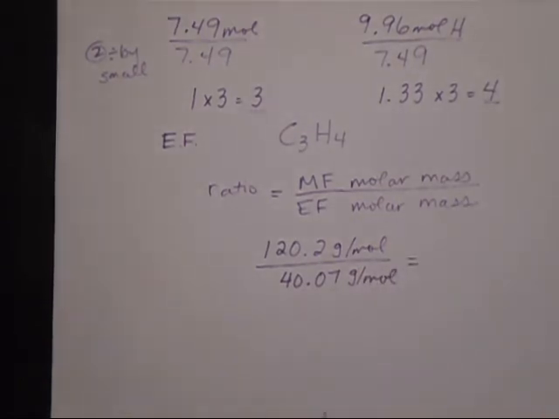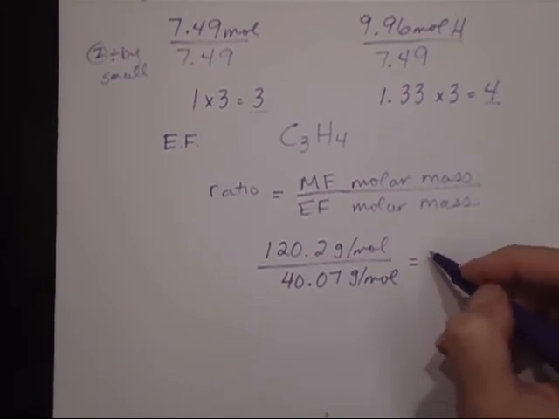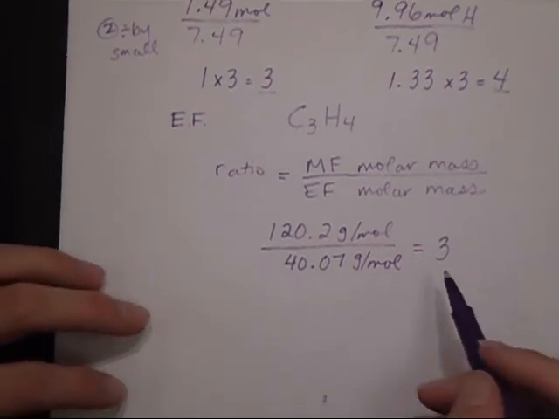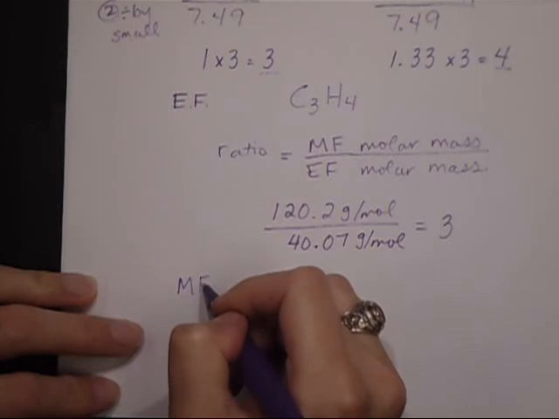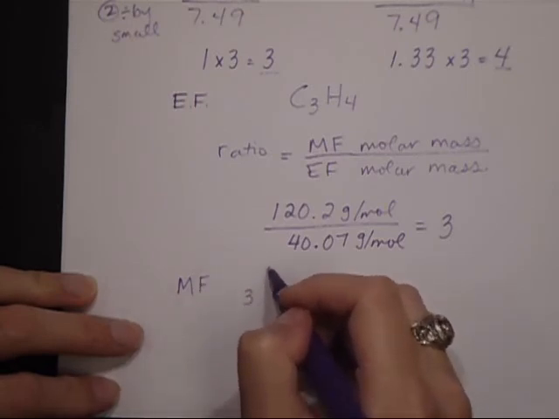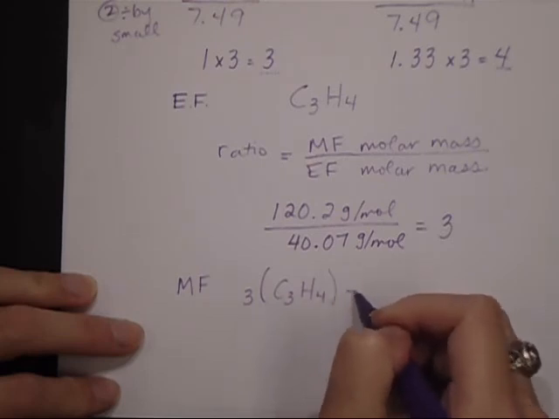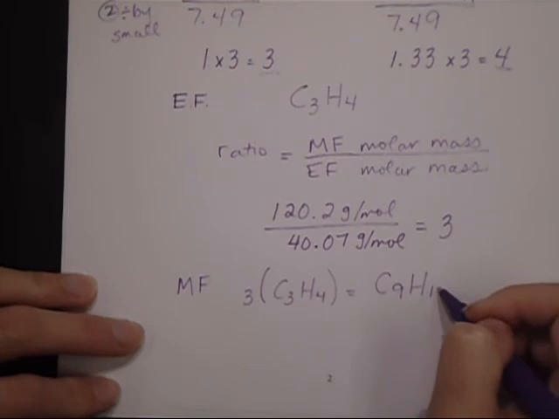And you can get pretty close without even having to divide here. 120 divided by 40, reduce that to 12 divided by 4, gives me a ratio of 3. So what that means is that my molecular formula is 3 times what my empirical formula was. So then it's really C9H12.